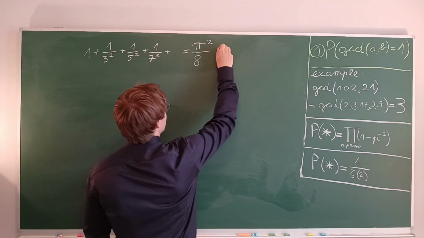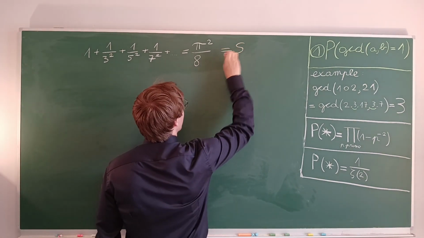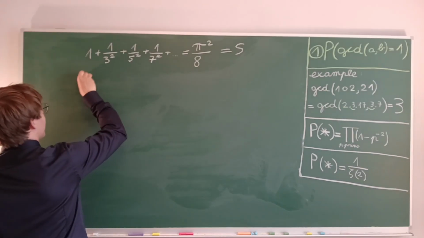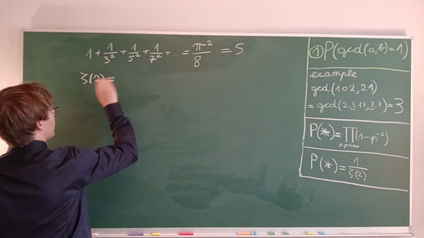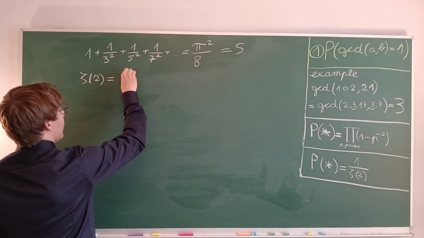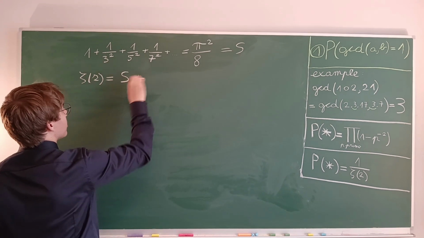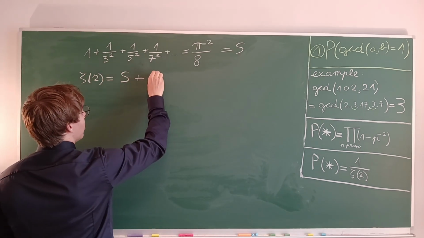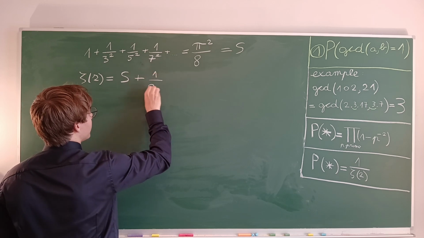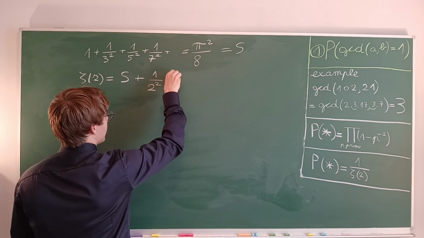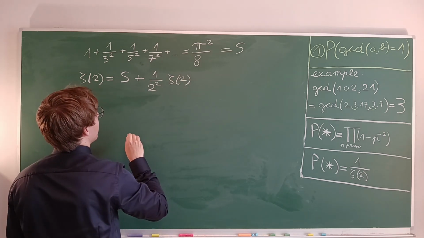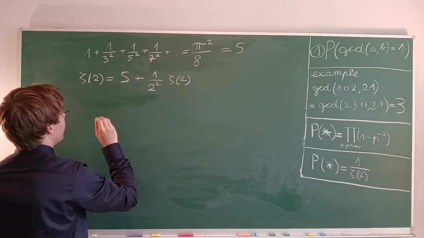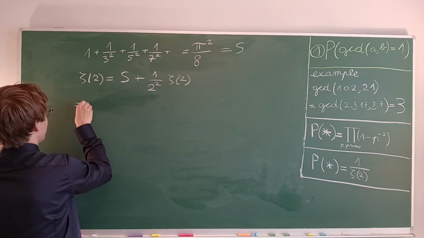So let's call this S. Now we know that zeta of 2 is S plus the even values, which is 1 over 2 squared times zeta of 2 itself. But now we can solve for zeta of 2.